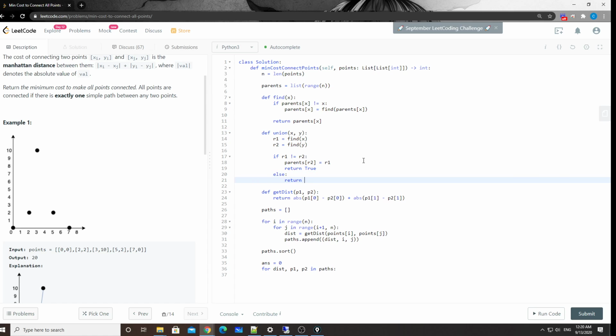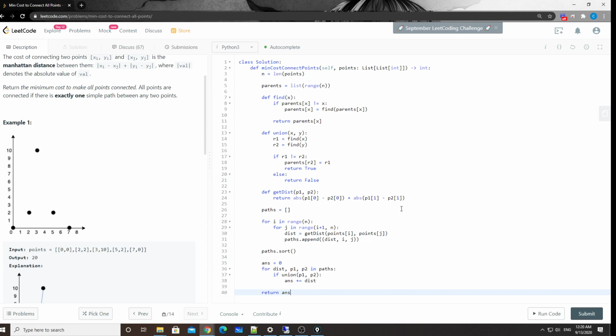So if union P1, P2 returns a true value, then we know we did a union, so we can add the distance. Otherwise we don't, and then we simply return the answer.